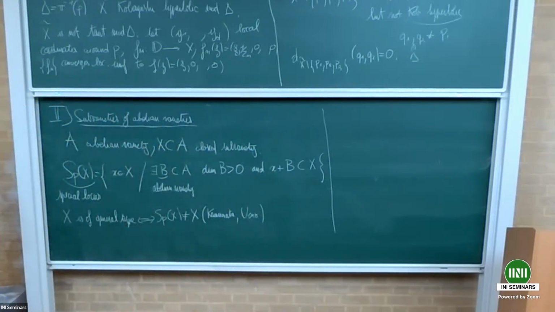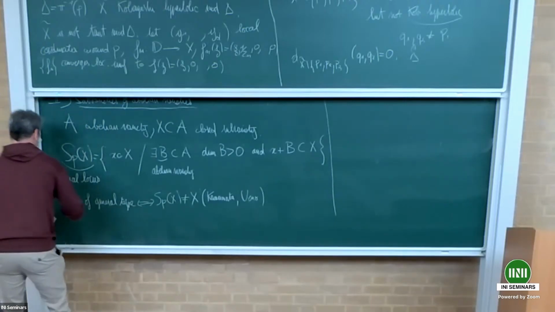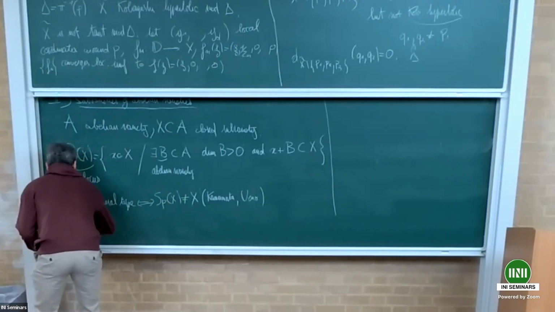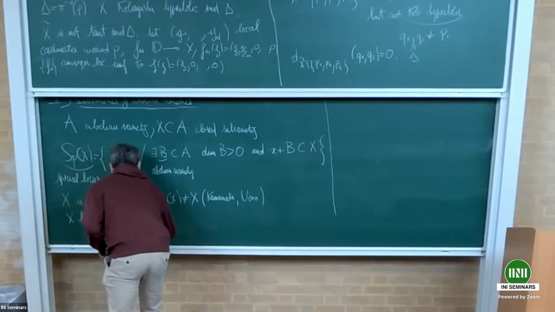And of course, there is an obvious remark: if X is hyperbolic, then its special locus has to be empty, right?